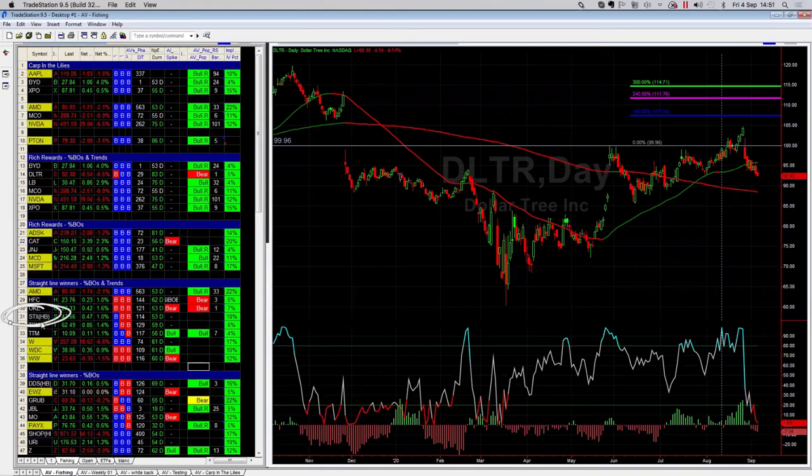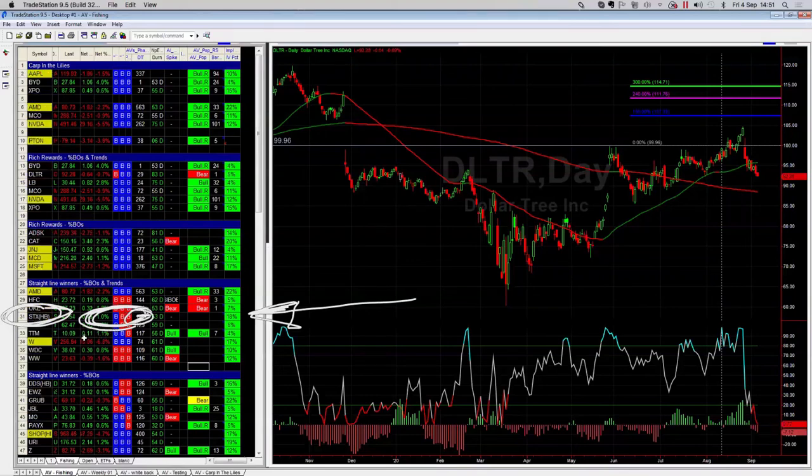So I'm just looking down here. Let me just draw your attention to this. Number 31, STX. This is on my universe of stocks. I'm pointing out one that I wouldn't trade for obvious reasons. We've got a blue, a red, and a blue. So price is between the moving averages, and we've got a bearish direction on the moving averages. And the moving average has been down for about 100 days.